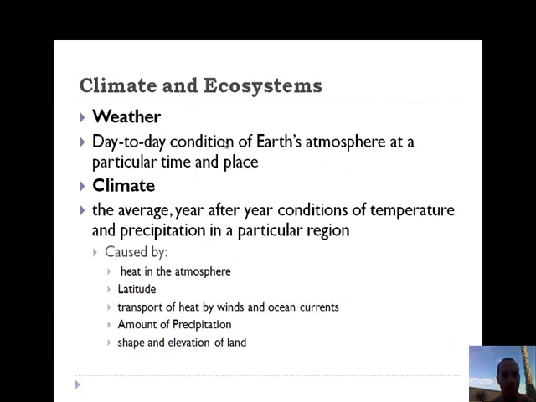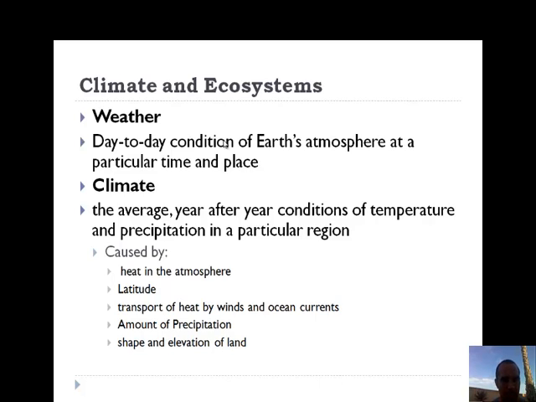So when we talk about a given area, you could have the weather, which would be the day-to-day conditions, or the climate. And that's the year after year conditions of temperature and precipitation in the region.